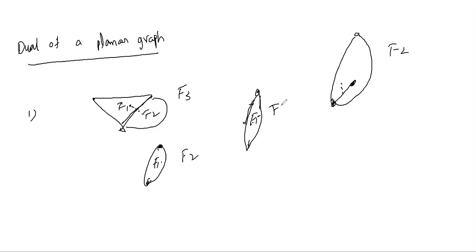If F1, F2 are separated by two edges, draw two dotted lines like this. If one vertex lies totally in that region only, you draw one loop crossing that edge. So these are the three conditions for drawing the dual of a graph.